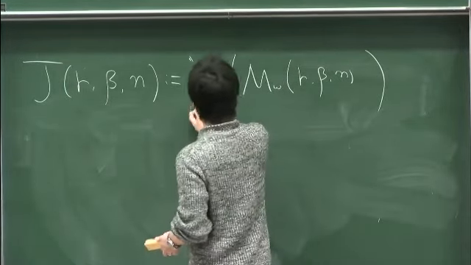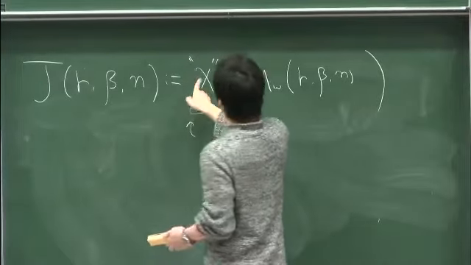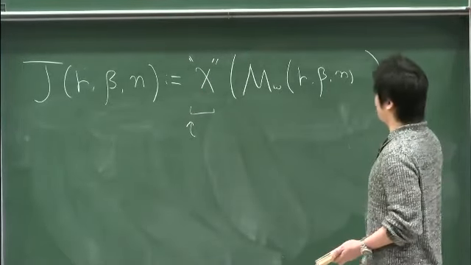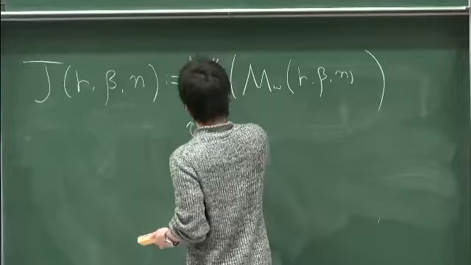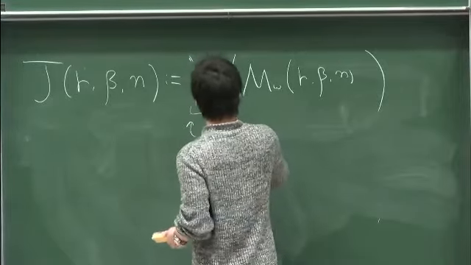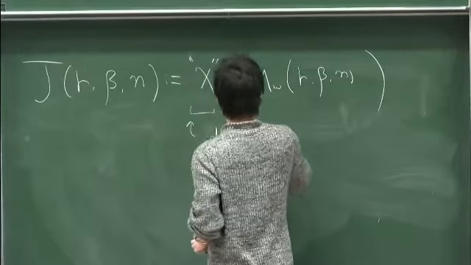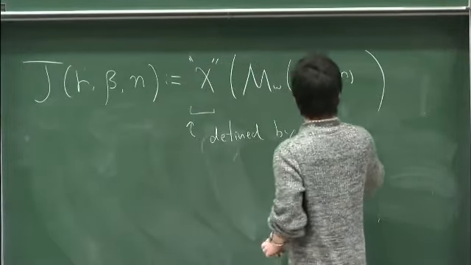And to define this Euler characteristic, it is essentially defined by Joyce.